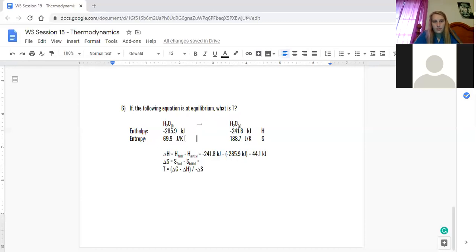So that's going to be equal to 0.0699 kilojoules per Kelvin. And this one is going to be equal to 0.188 kilojoules per Kelvin.